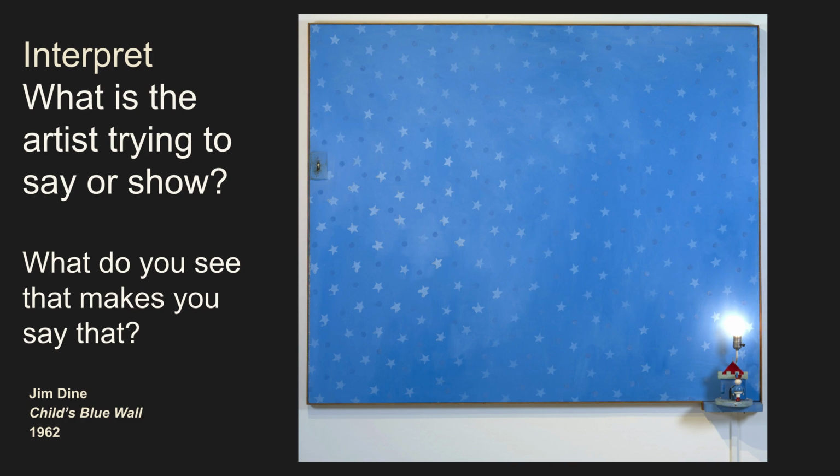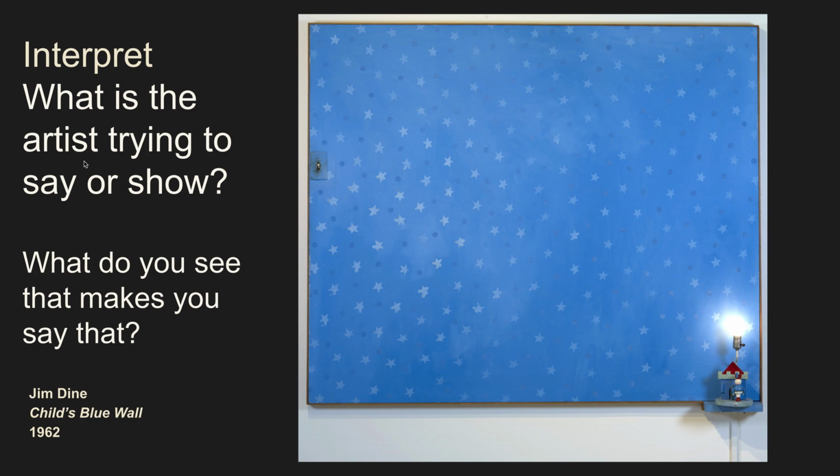It's called Child's Blue Wall. So maybe I could say Jim Dine is trying to talk about or make an artwork about what it's like to be a child. If you are standing in a gallery looking at this artwork, it is ginormous, so it kind of makes you feel a little bit small. So maybe it would kind of give us that sense of being little again.